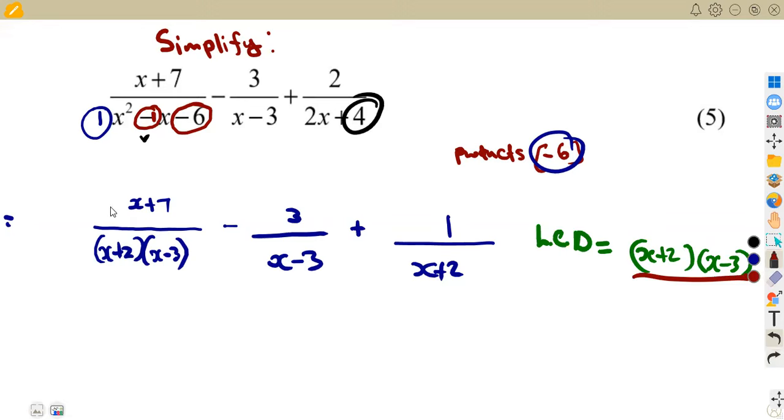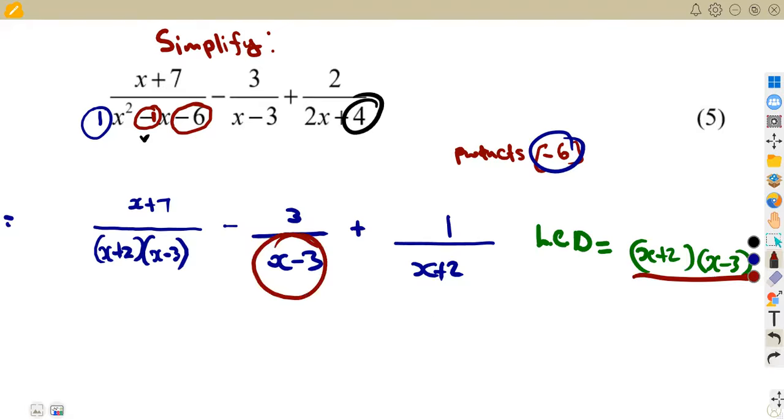Remember, I talked about if the denominators are the same, you can combine the numerators, whether it's addition or subtraction. Okay, so here on the first fraction, there's x plus 2, there's x minus 3. We have these terms that are on our LCD, all of them. So there's nothing that you can do. We move on to the second one.